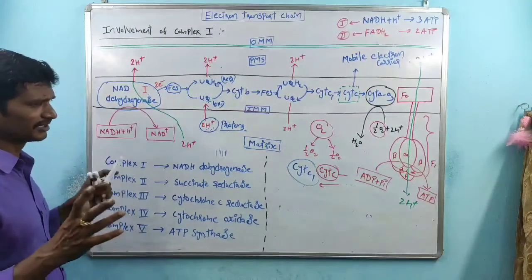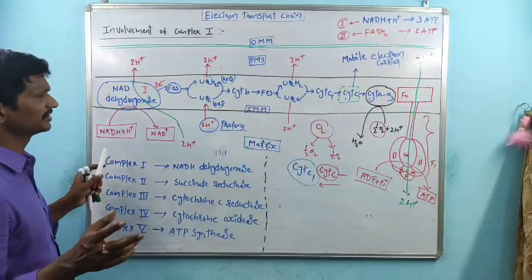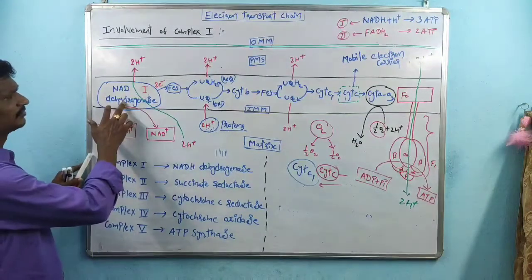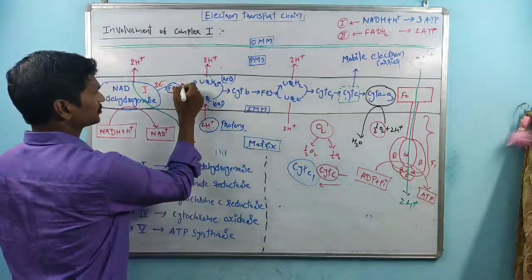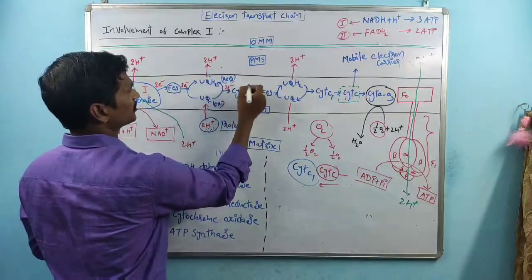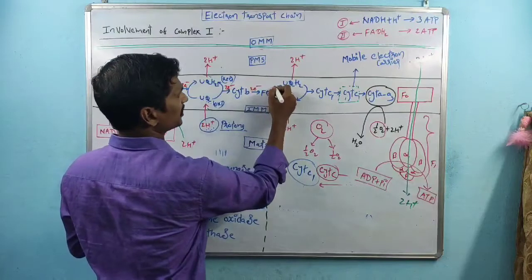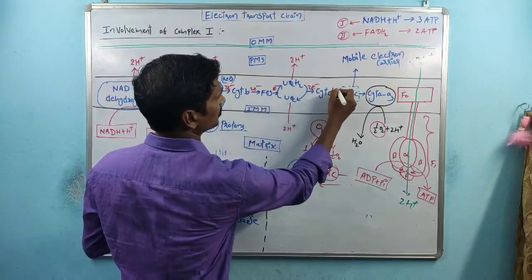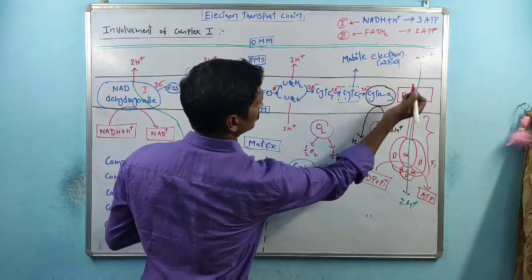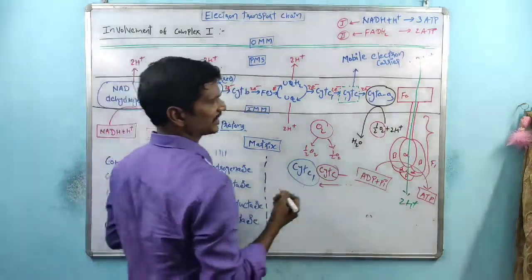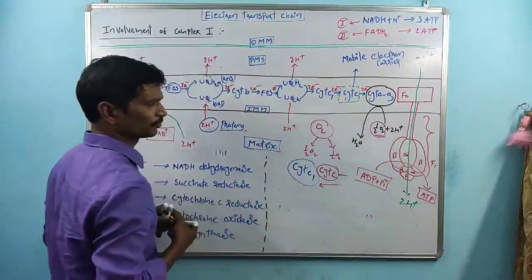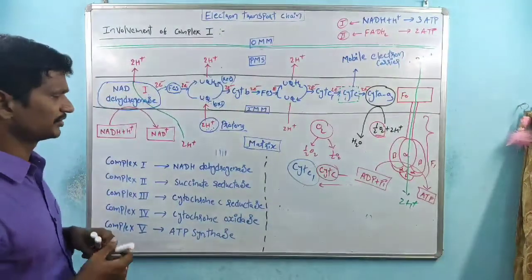All of you remember the key points and main points here. See this one, NADH dehydrogenase: 2 electrons. In every case, 2 electrons. Finally the electrons are accepted by half O2, then water molecule formation.